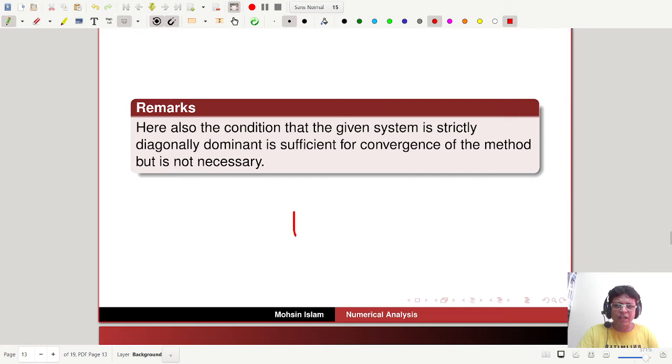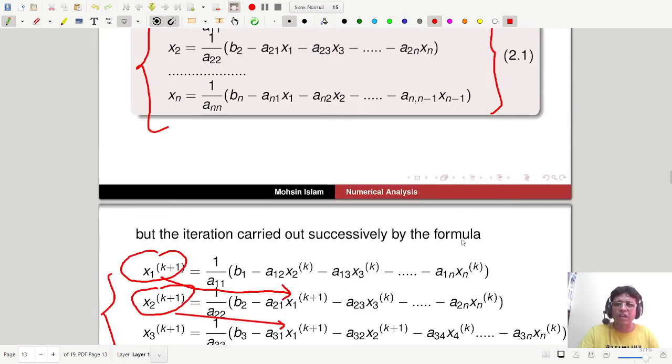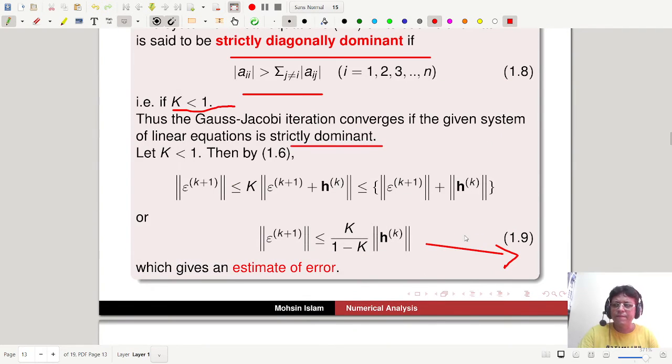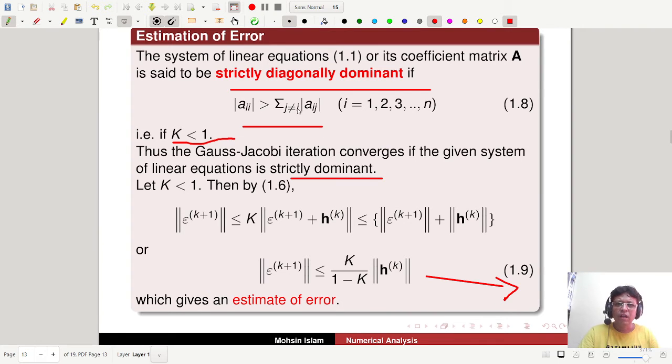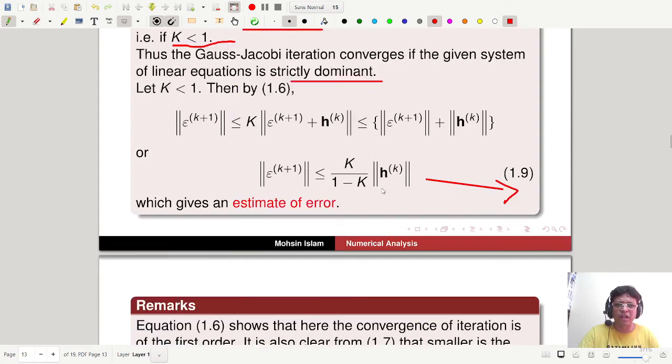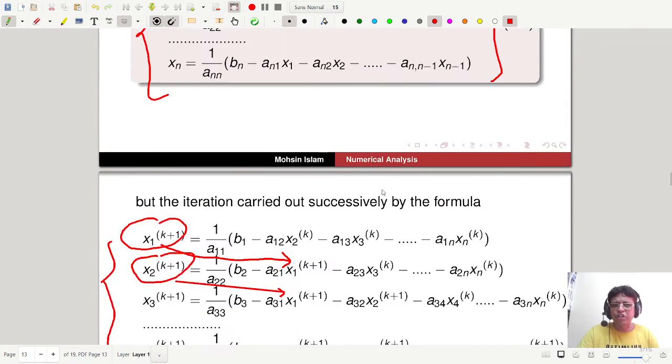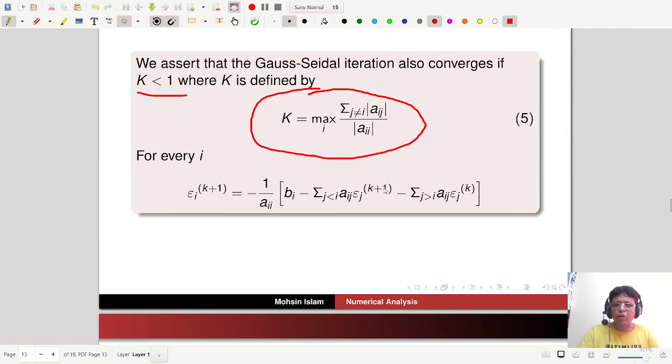So it is also strictly diagonally dominant, that is aii greater than summation of mod aij, i not equal to j. Okay, that was the condition, the diagonally dominant condition. Summation j, i equal to 1 to n, aii, this is the diagonally dominant condition, and this condition is sufficient but not necessary.